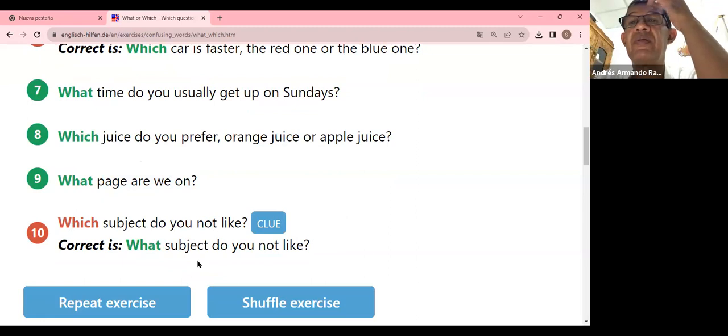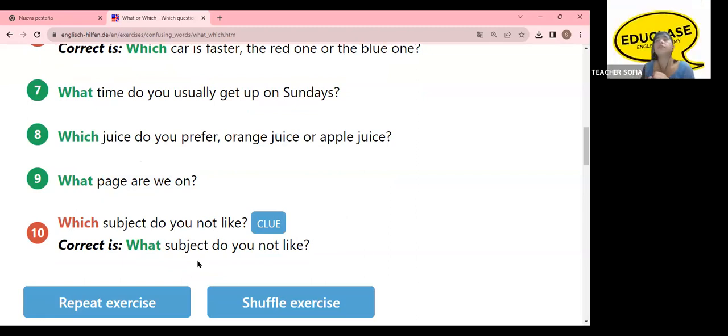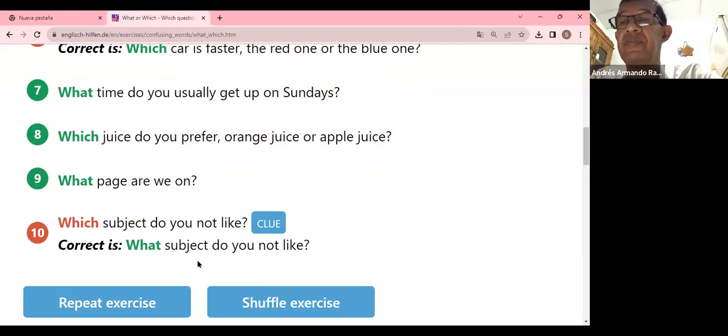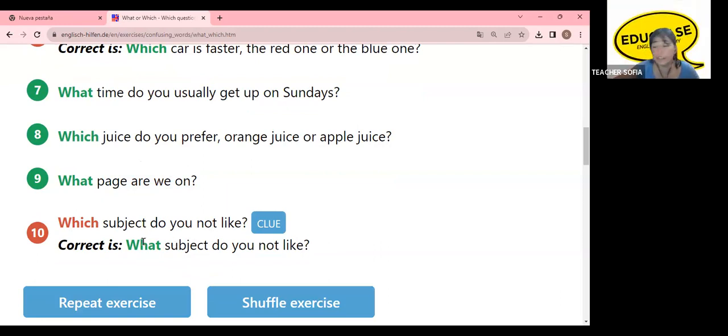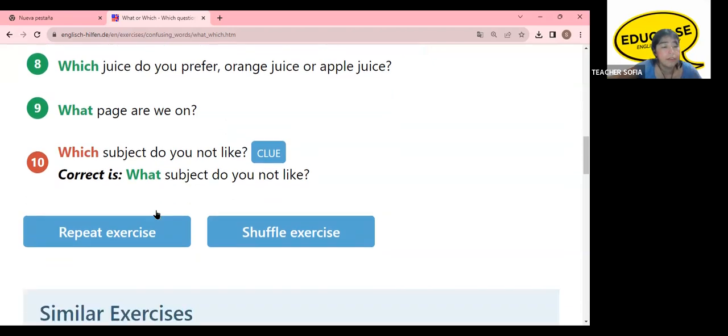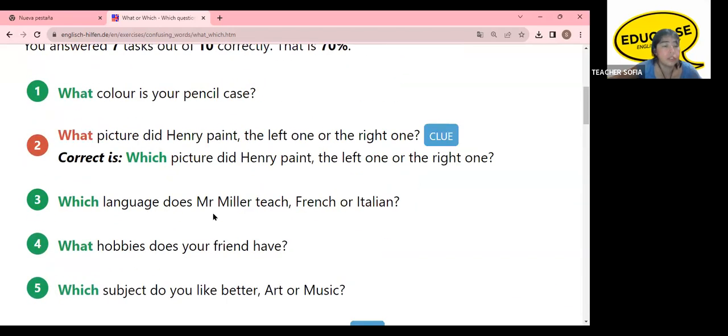Because in this case it can be mathematics, history, science, chemistry, art, biology, administration, a lot of subjects. Okay, so you see how easy it is to use which and what, right? It's very easy to use.